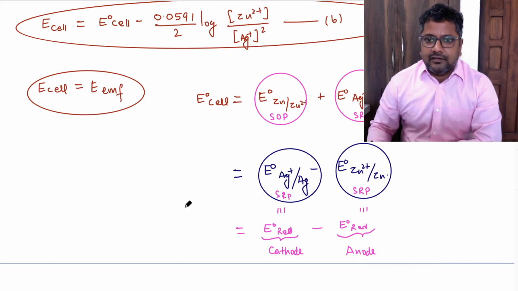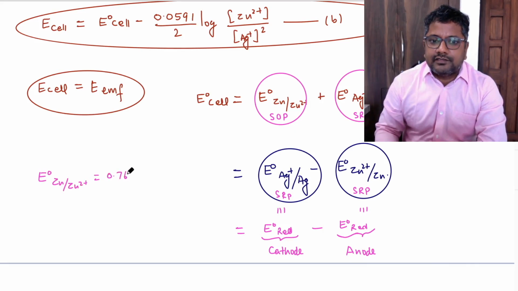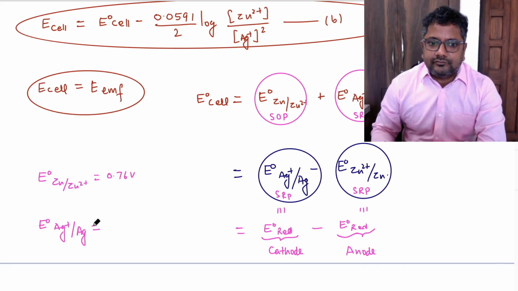For example, see, E naught of Zn oblique Zn2 plus is 0.76 volt, and E naught of Ag plus oblique Ag is 0.80 volt.